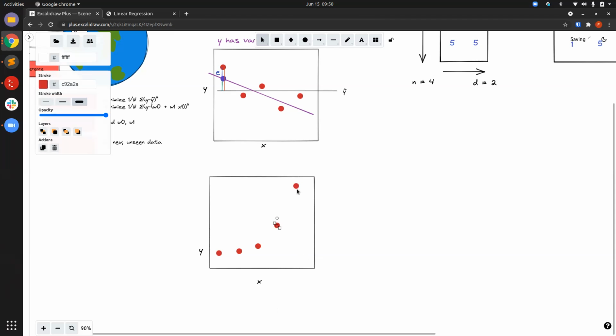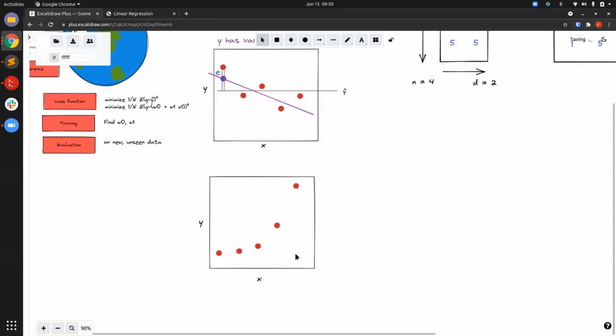Okay. So y looks something like this. Do you think our multiple linear regression model will do a good job of predicting this value? No, why not?